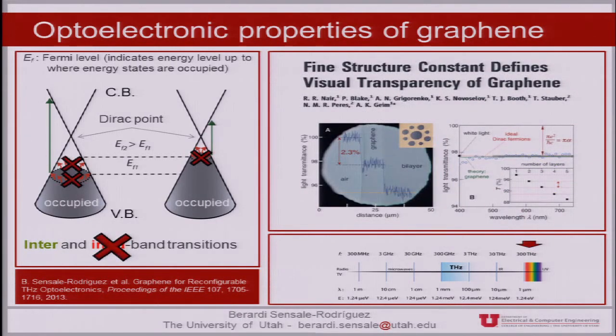In contrast, if we go, for instance, to the visible range, the properties of graphene change dramatically. Now optical phenomena are basically dominated by interband transitions, and the optical absorption can be found to be a constant in graphene, which is 2.3% per graphene layer. This has been demonstrated, for instance, by Geim's group from Manchester.